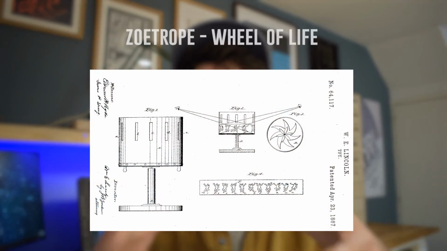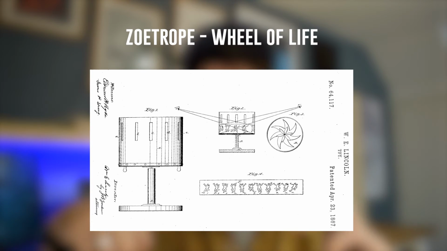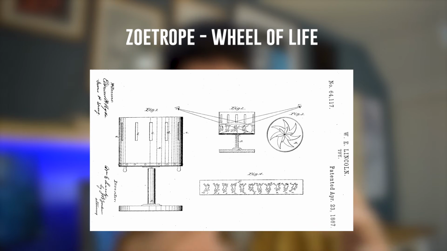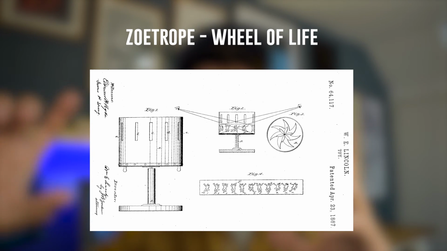It's a black cylinder of card with a series, normally 12 images drawn on the inside of it, and a series of 12 slots cut in the outside of the black cylinder. When you spin it, you look through these slots and it tricks your eye into seeing each of the images in quick succession, and this creates an animation. And because it's a cylinder, once it rotates, it goes back to the beginning and you get a repetitive animation.